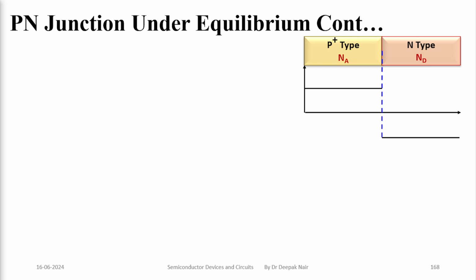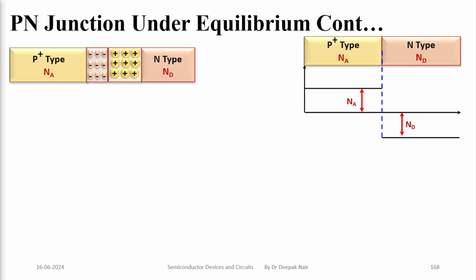So here we can divide the junction, and here we have the diagram of donors and acceptors. The number of acceptors is more compared to the number of donors in a P plus N-type semiconductor. And what will happen to the junction, and how will the electrons and holes move across the junction?